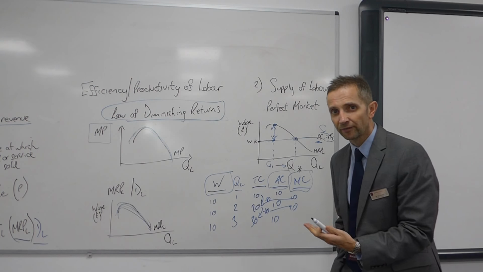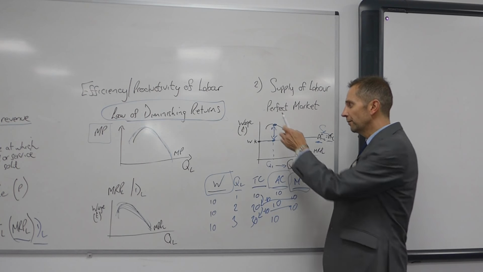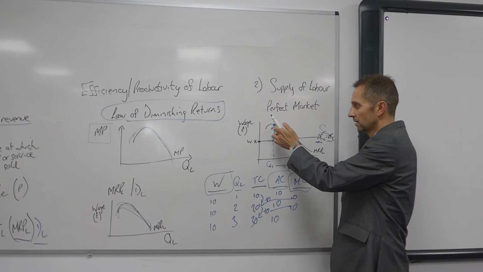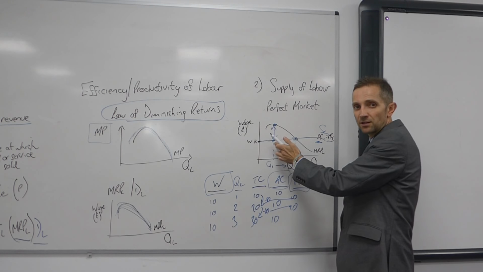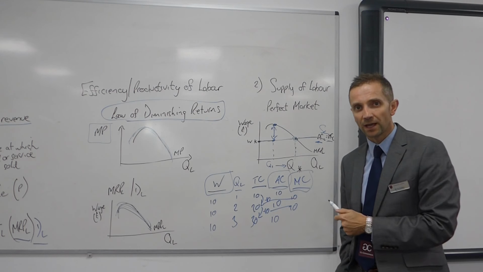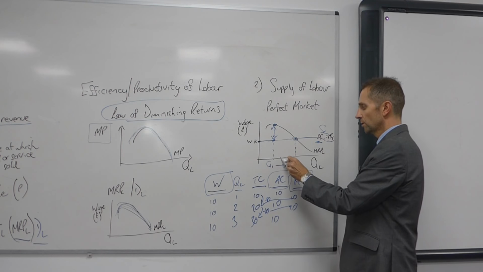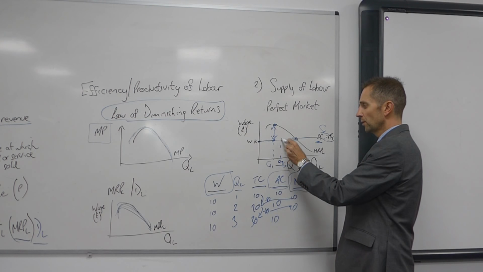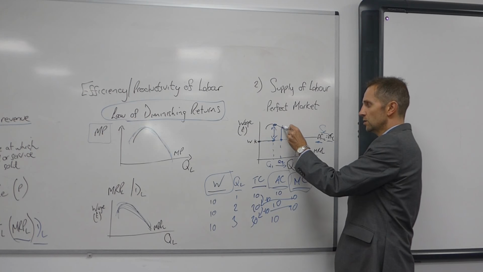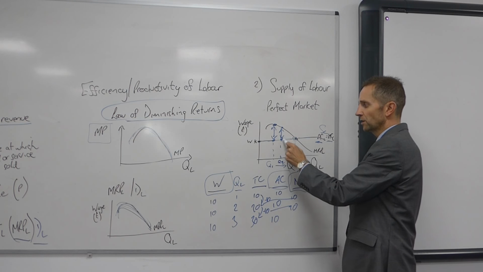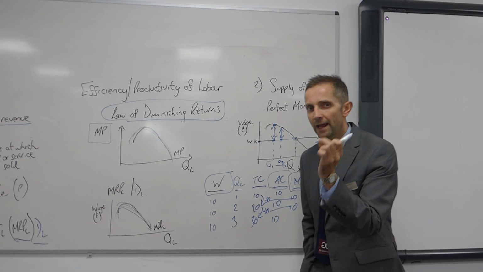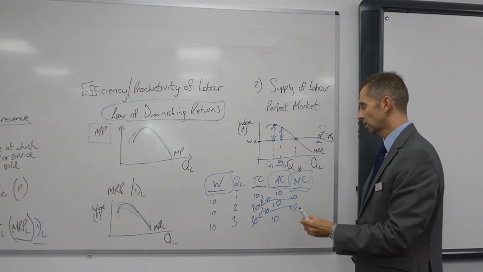So the extra revenue generated by that very efficient worker with a very high marginal revenue product is much greater than the cost. So very worthwhile employing that particular person. What about Q2? Worth employing? Of course. Not quite as efficient, however, still a significant differential between their marginal revenue and their marginal cost.